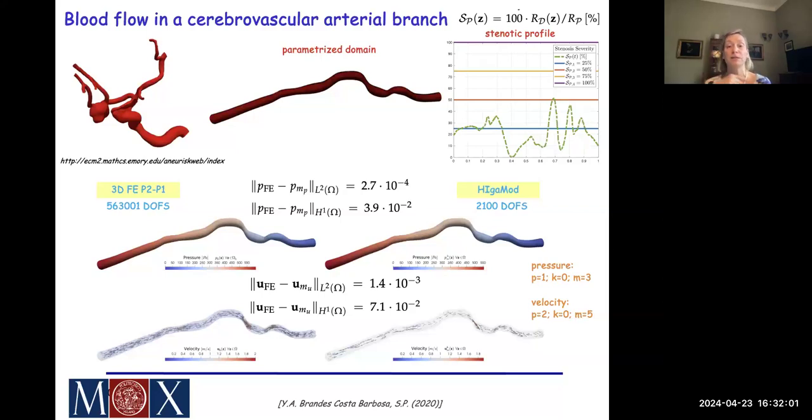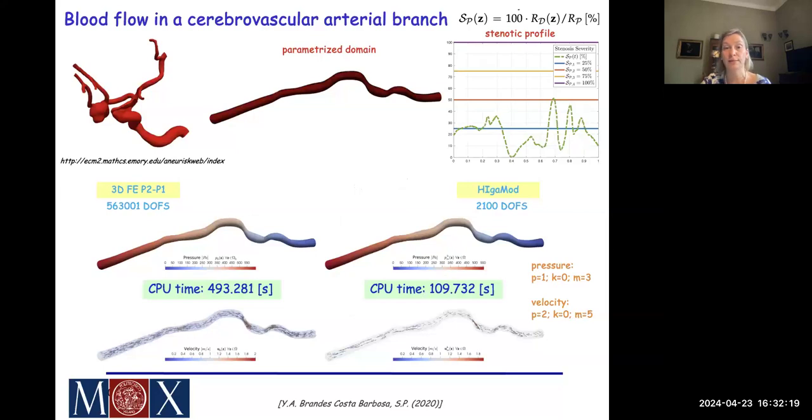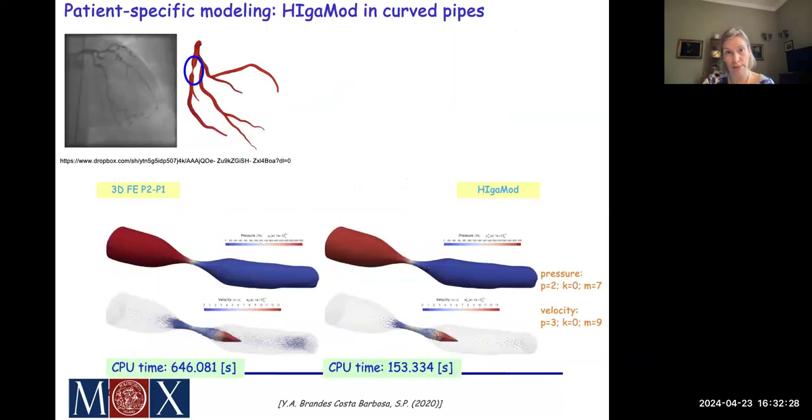The pressure is above, the velocity is below, so we can recognize a good agreement from a qualitative viewpoint between full and reduced approximation, and also the error for both pressure and velocity with respect to both the L2 and the H1 semi-norm is not so bad. But the additional good news is that the time is essentially divided by 4 when we resort to the HiMod approximation.